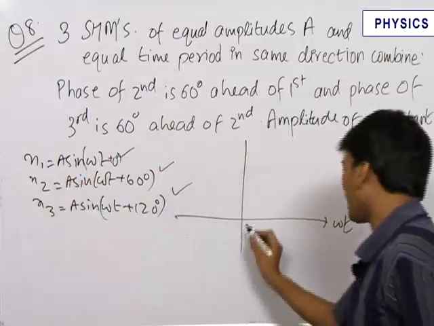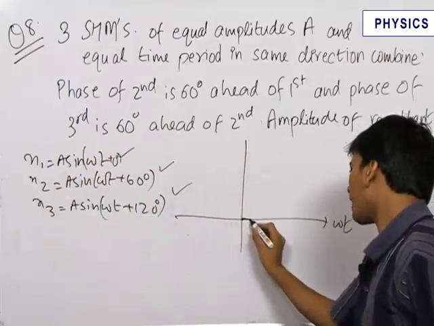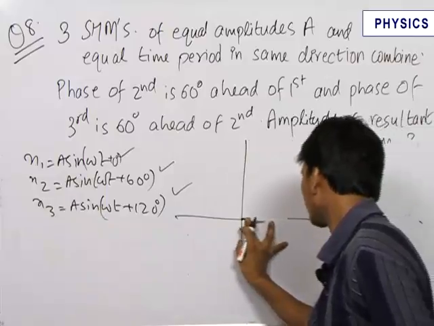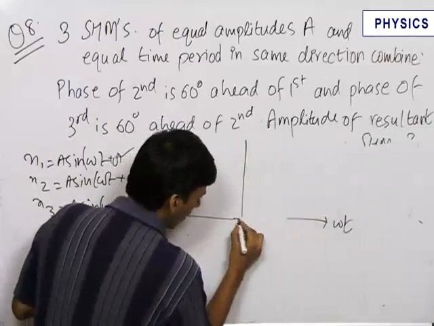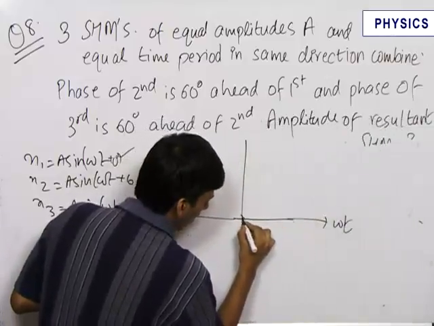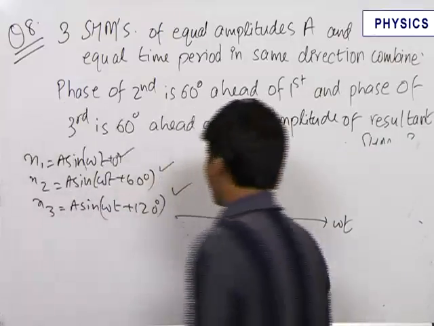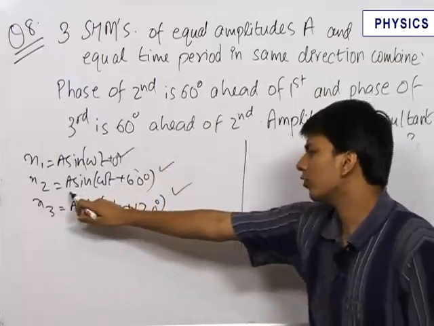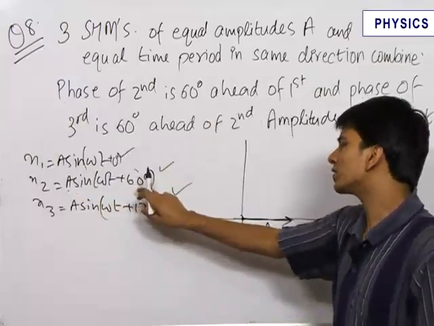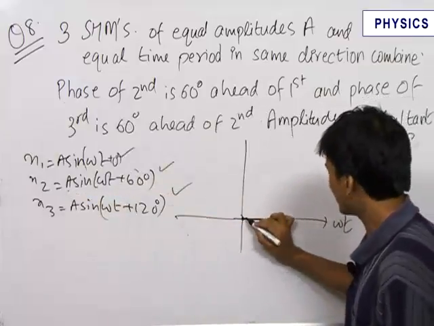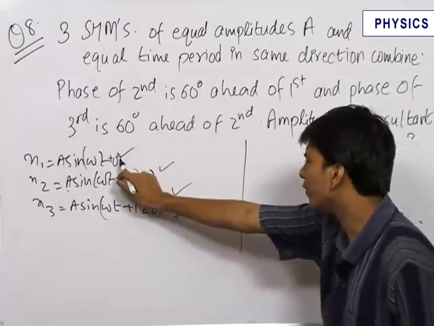So this will be drawn as a vector of magnitude a along the x-axis. The second one is again a vector of magnitude a, but it is at an angle of 60 degrees from the x-axis because it is 60 degrees ahead of this vector.